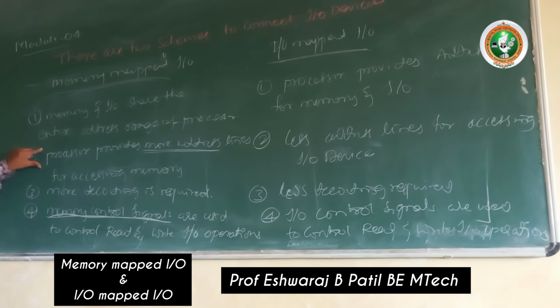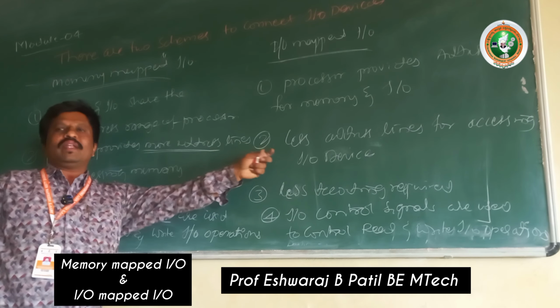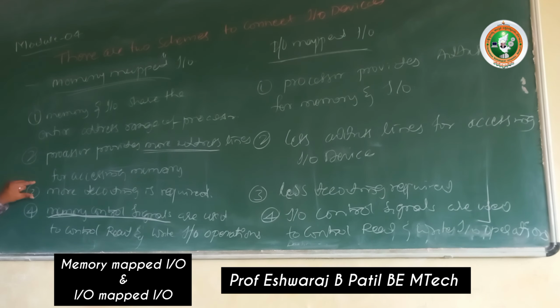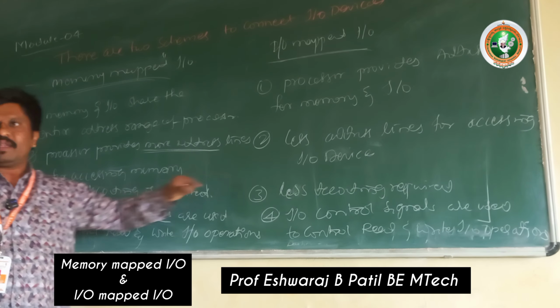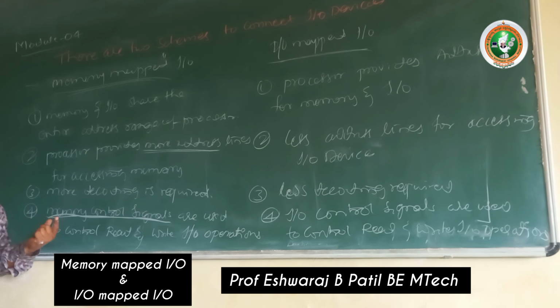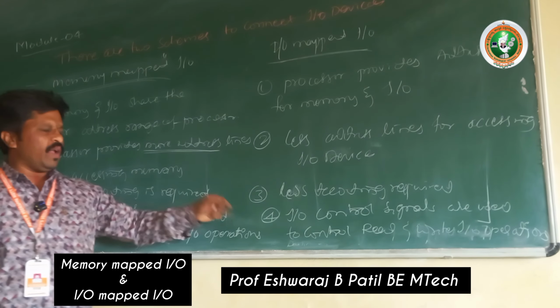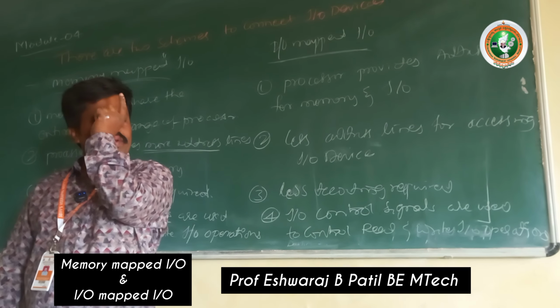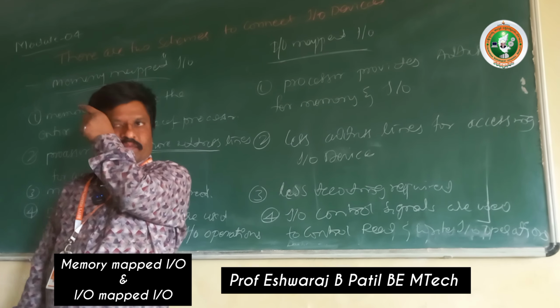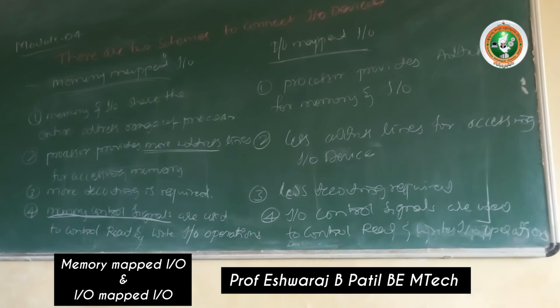The processor provides more address lines here and fewer address lines here. To access the memory, more decoding is required here and less decoding is required here. Here the memory control signals are used to communicate with the IO for read and write operations. Similarly, the IO control signals are used to communicate with the IO devices for the read and write operations. These are some differences between memory mapped IO and IO mapped IO.